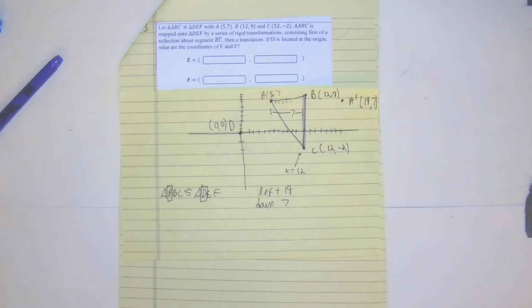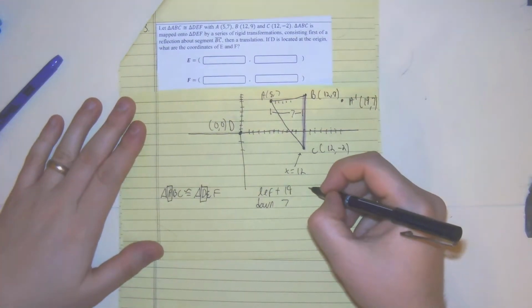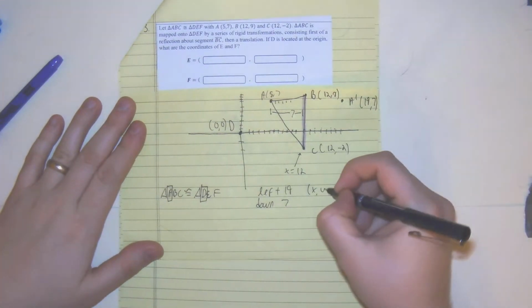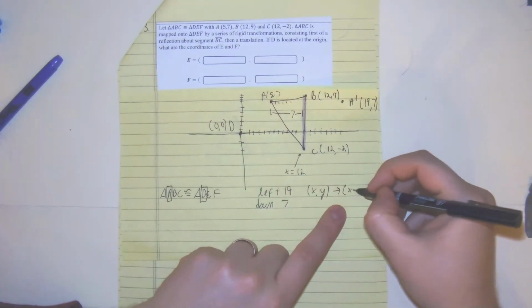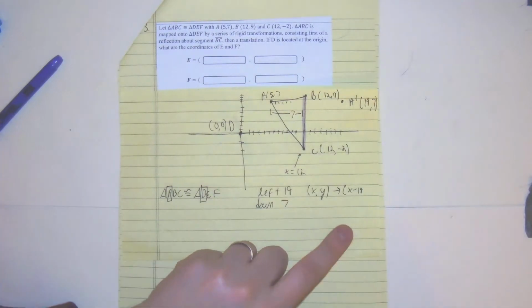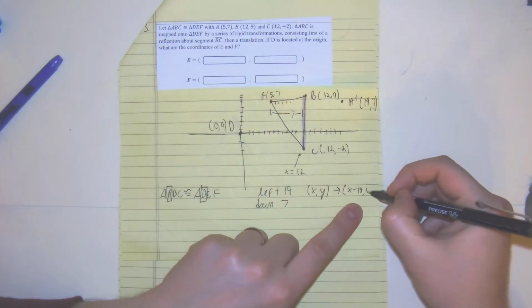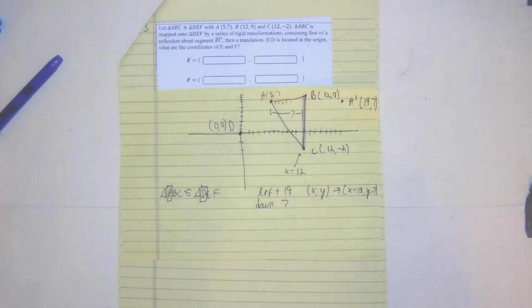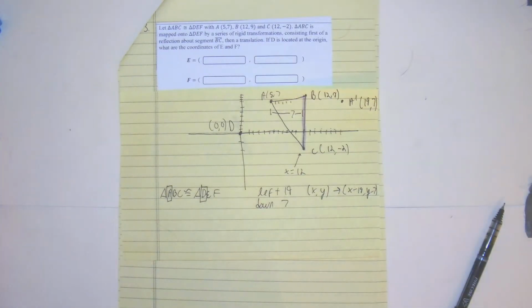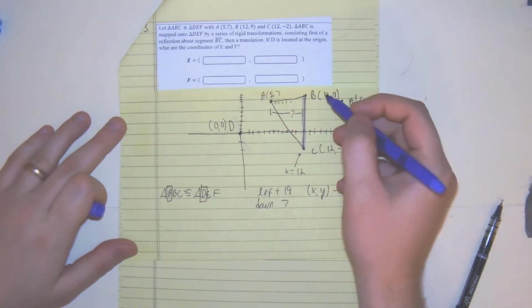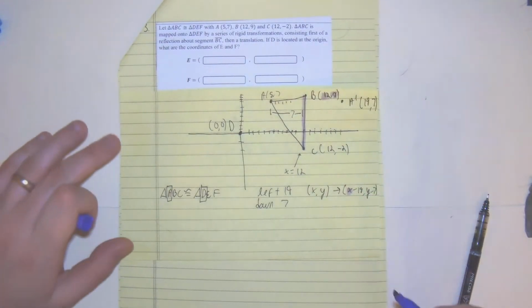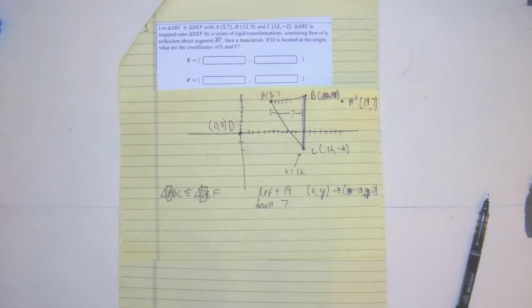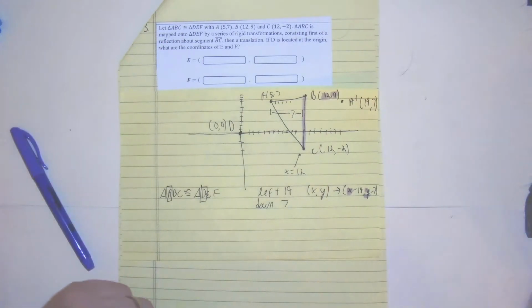How do we do this? We would use this equation for our translation. x, y becomes x minus 19 because we're going to the left, and then y minus 7 because we're going down. And we would plug in first 12 and 9. Remember, we can't use a calculator for this.